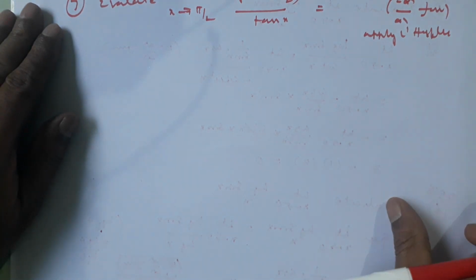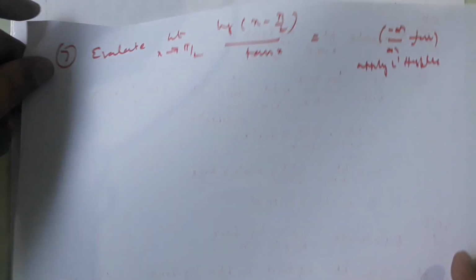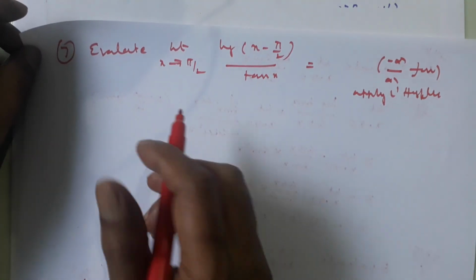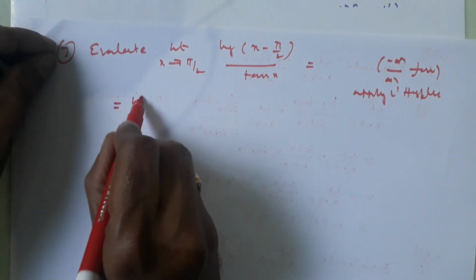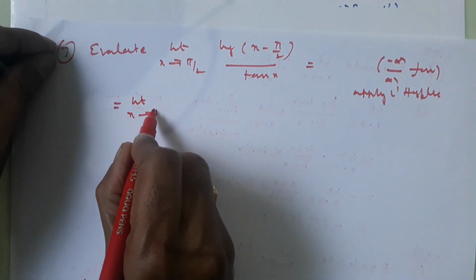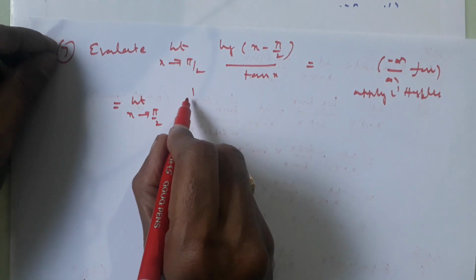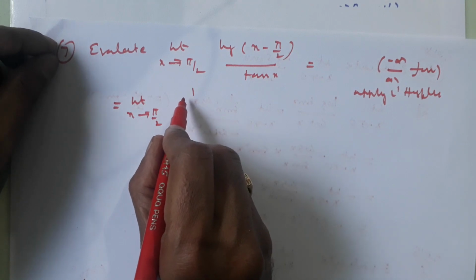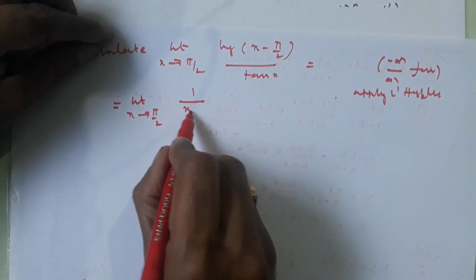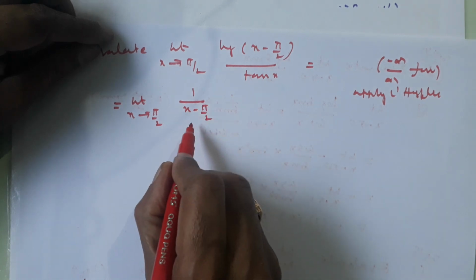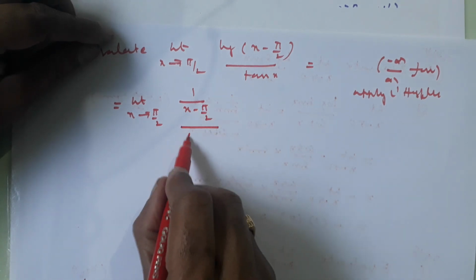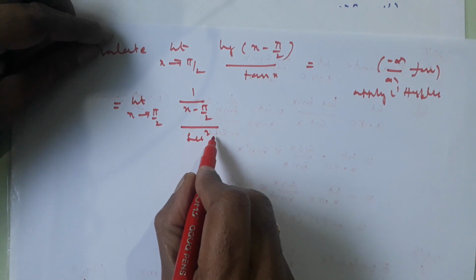If we apply L'Hospital, this is equal to limit x tends to pi by 2, the derivative of log is 1 by x minus pi by 2, whole divided by tan x, whose derivative is secant square x.